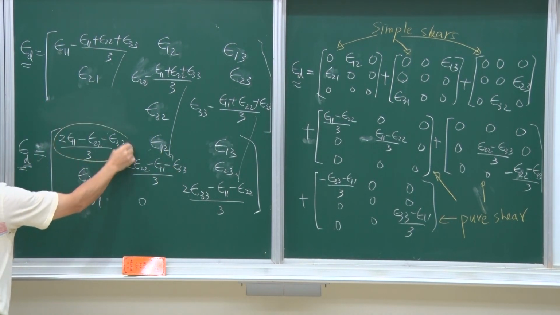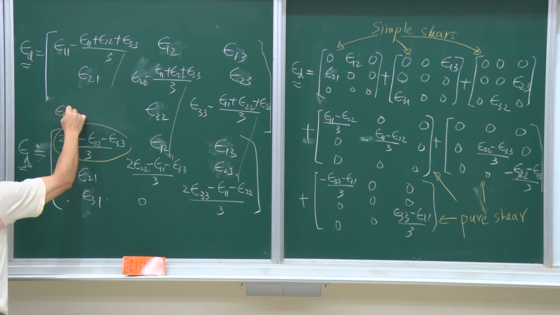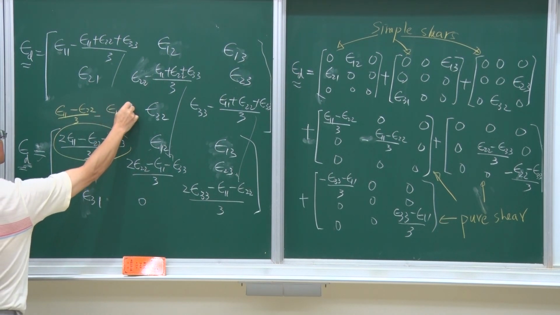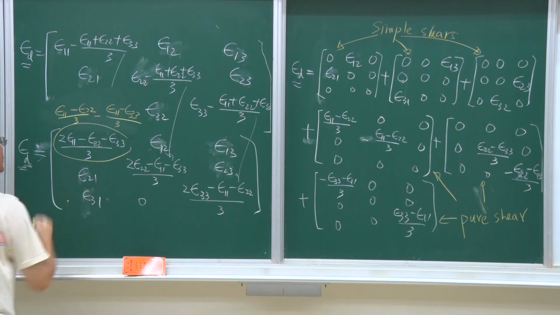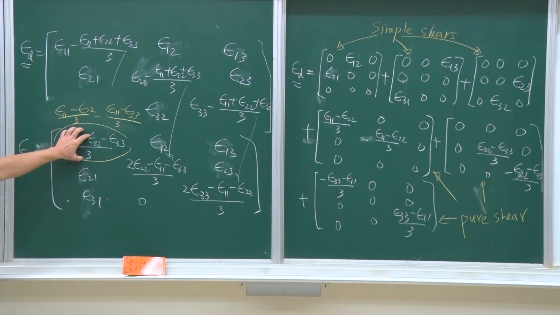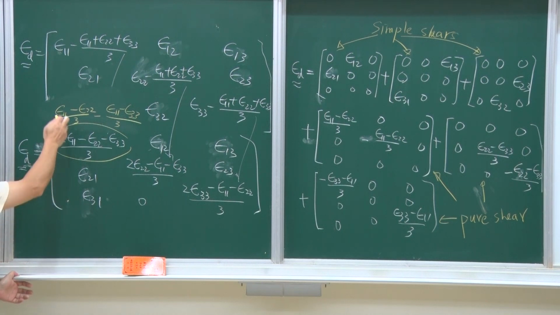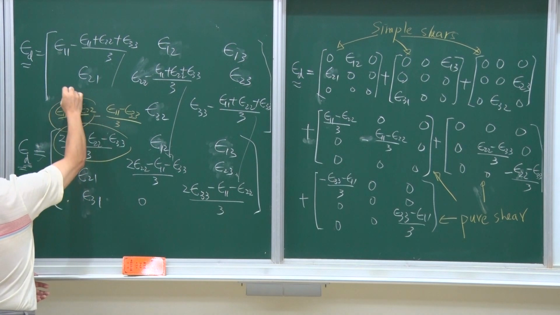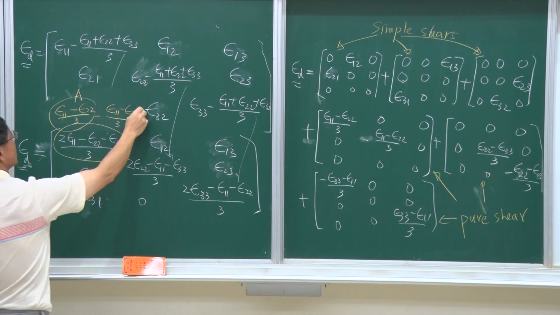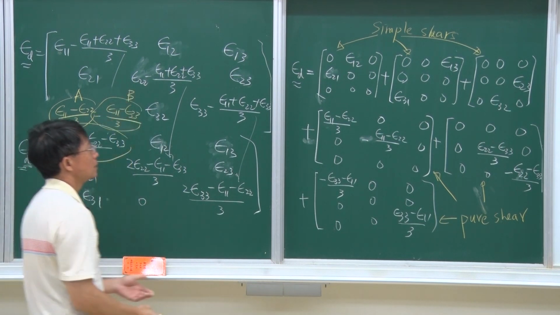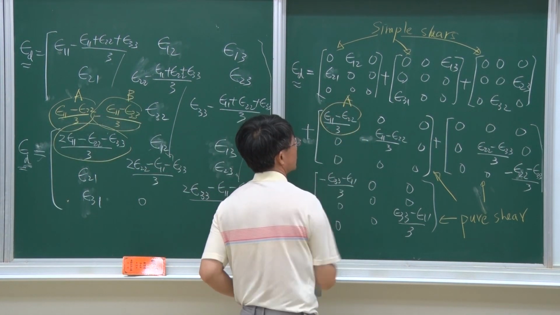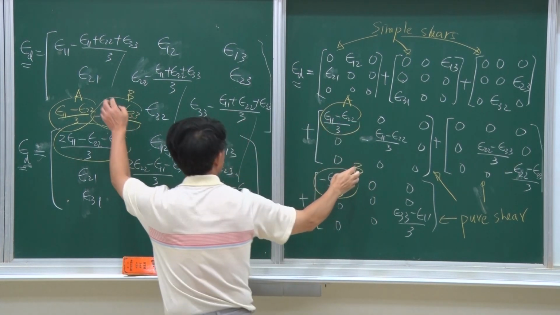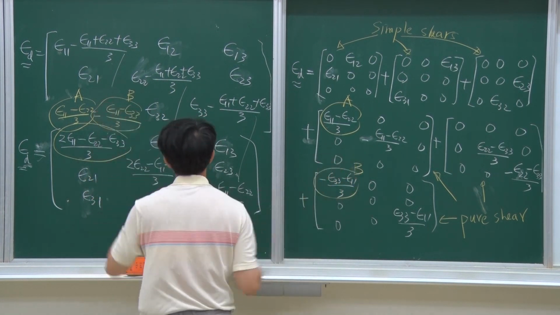This one. We can decompose this term into this term and this term, and take this term here as A, and this term B. This B comes here.